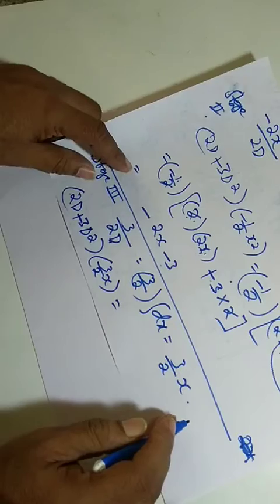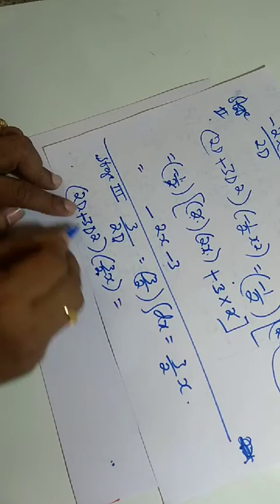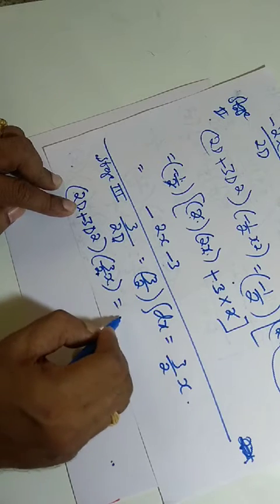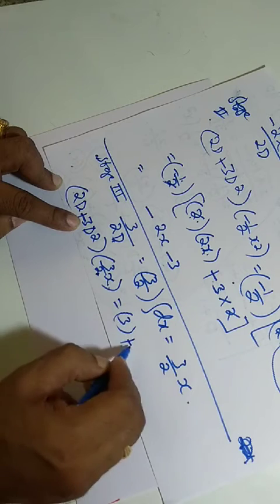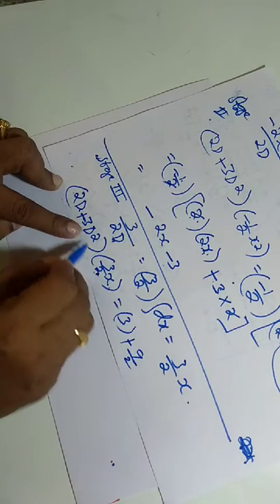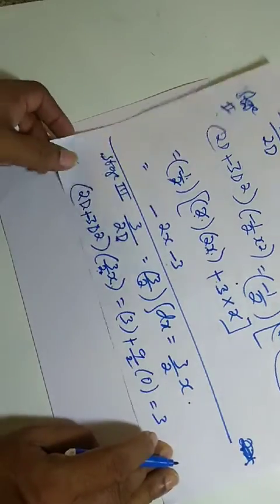So if I do that, the 2 cancels. What is remaining? Differentiation of 3x, 3 into differentiation of x is 1, plus 3 into 3 by 2, 9 by 2, D squared of x means 0. So finally what you got is 3 only.